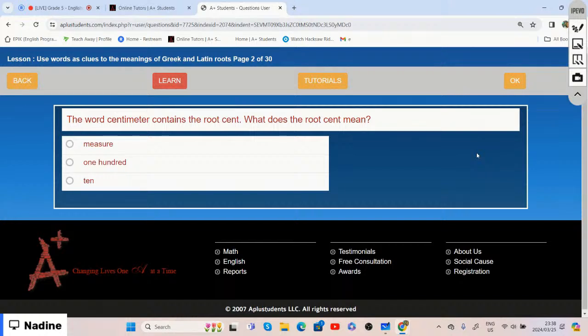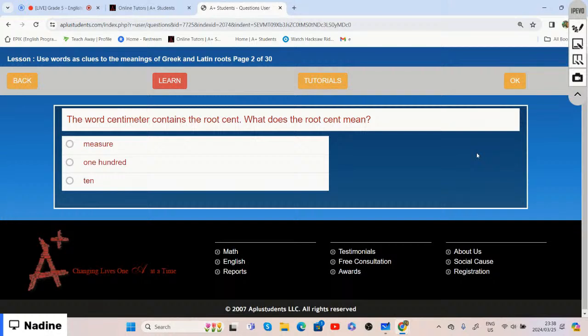All right, so now the word centimeter contains the root cent. What do you think the root cent means? Is it to measure? Is it 100?